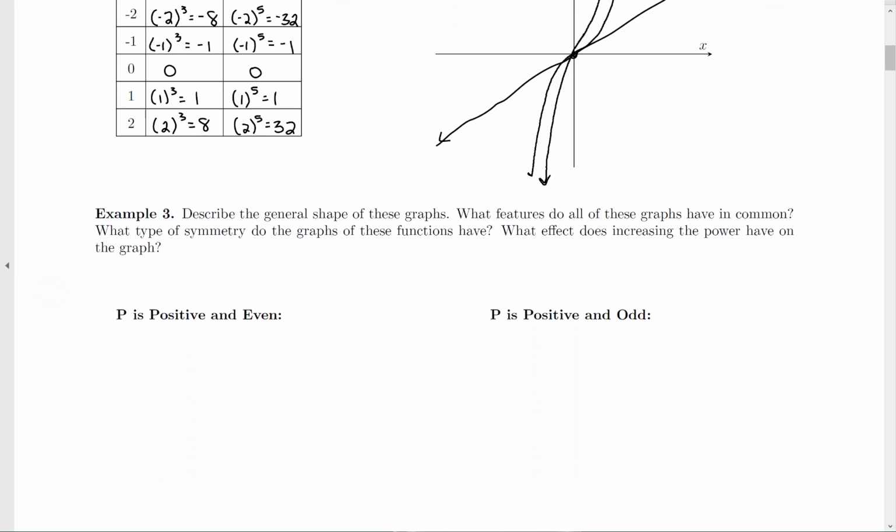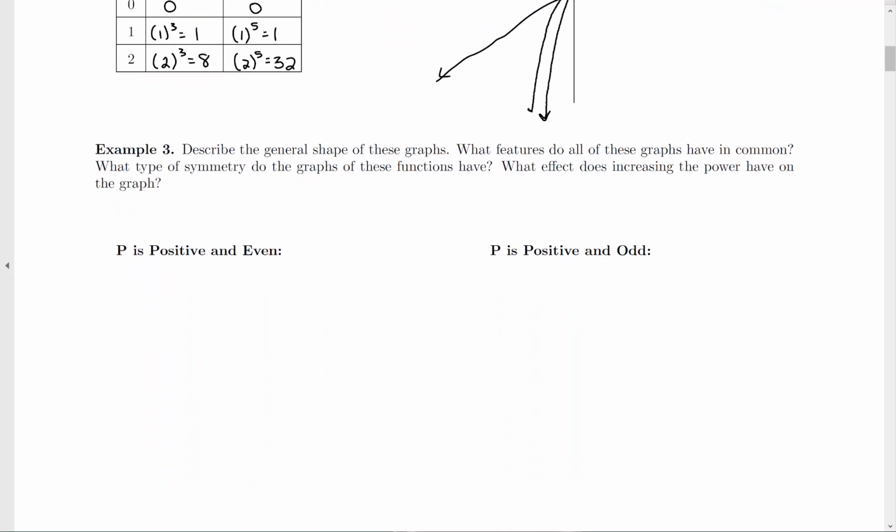All right. Describe the general shape of these graphs. So if p is positive and even, we're just going to draw in a shape. It's a bit of a U shape. And if p is positive and odd, it's more of the ends are split. All right, left side down, right side up. All right, what features do these graphs have in common?